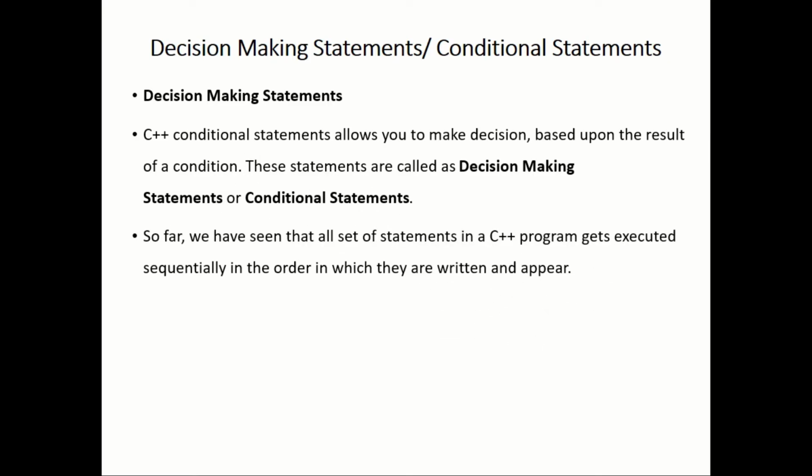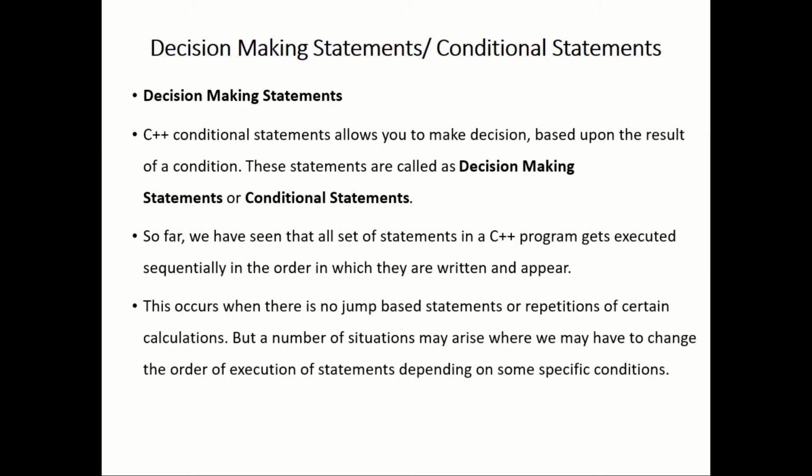So far, all the statements in our C++ programs have been executed sequentially, in the order of their line numbers, with the exception of jumping, repetitive, or looping executions. This occurs when there are no jump-based statements or repetitions of certain calculations.